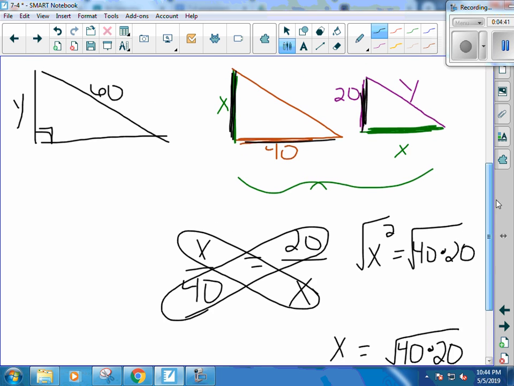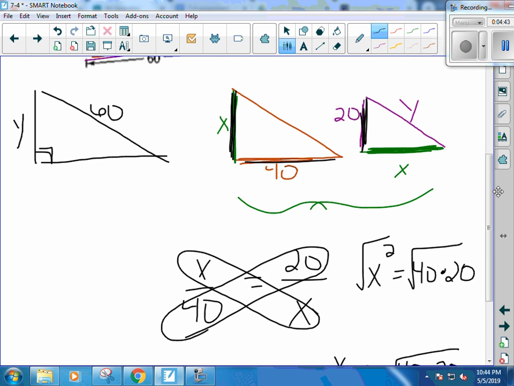Right, so just looking back again one more time, I find the 2 triangles that have the same variable. So I did the x and the x. I couldn't do anything with the hypotenuse because this hypotenuse is y and the other hypotenuse doesn't have anything to it.